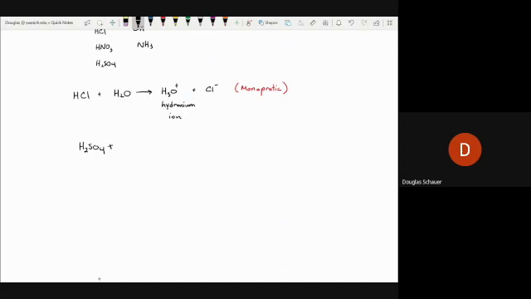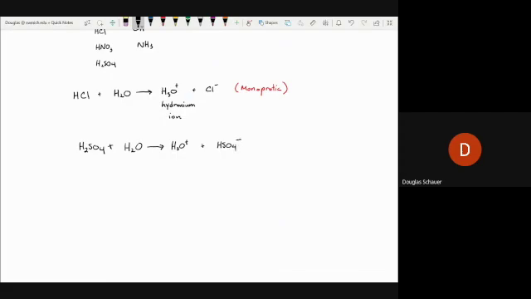Now, if I take sulfuric acid and I put that in water, we're going to form hydronium ion. Okay, and then the resulting conjugate base is going to be HSO4 minus.